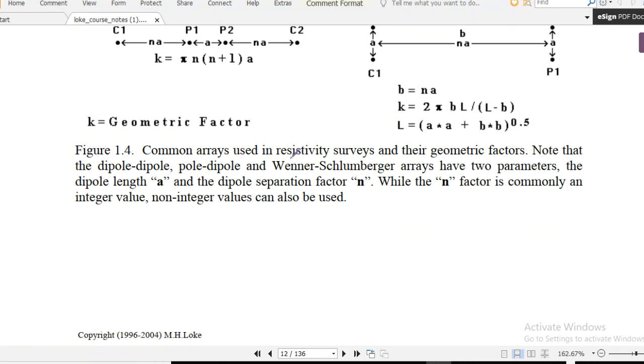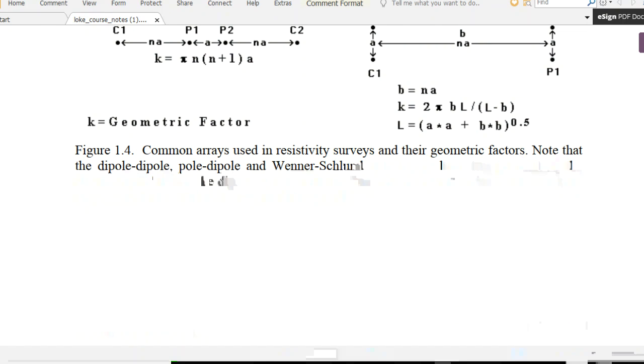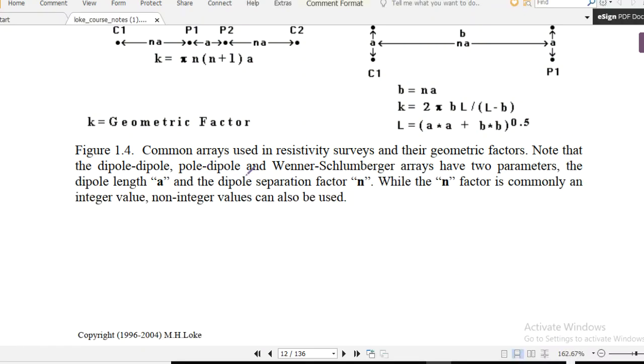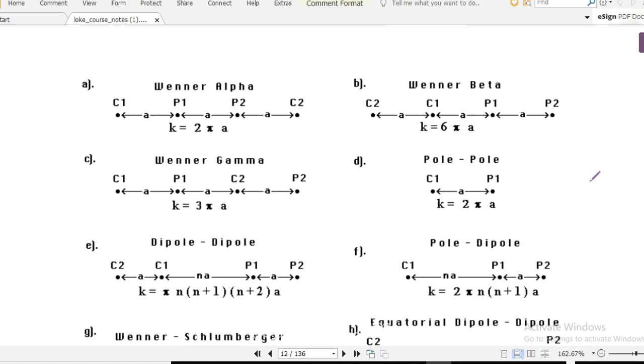Note that the pole-dipole and Wenner-Schlumberger arrays have two parameters: the dipole length A and the dipole separation N, where the N factor is commonly an integer value. Non-integer values can be used. Here the dipole is A and the separation is N times A.